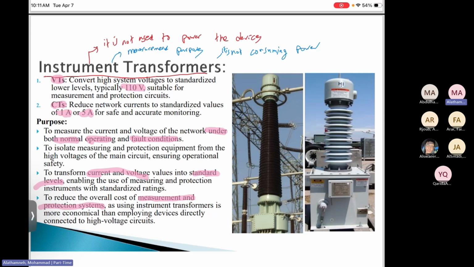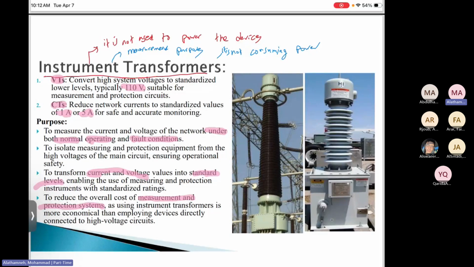The other thing is that the CT and VT will transform the voltage and the currents to a low level so they are measurable, and they will not harm the protection systems.